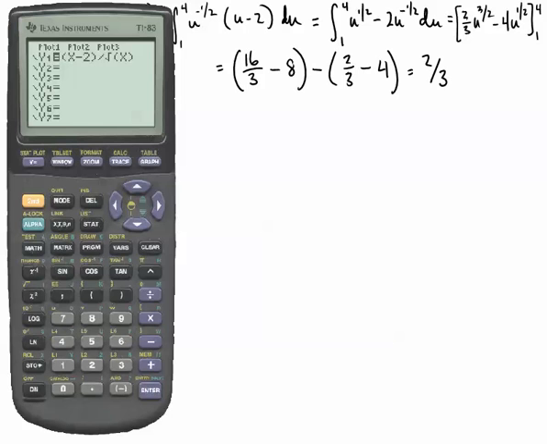And my viewing window here is going to be from -5 to +5 for x, from -2 to +5 for y's. And graphing that, we're going to get something that looks like this. And second calc, option number 7, and I want the integral from 1 to 4. And you can see there that we get 2/3. All right, so we'll go on to the next one.